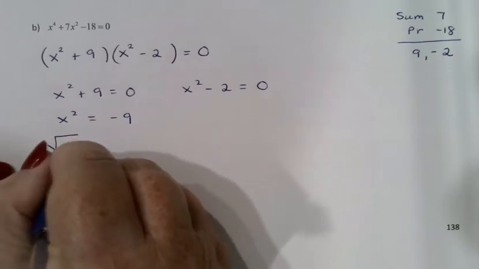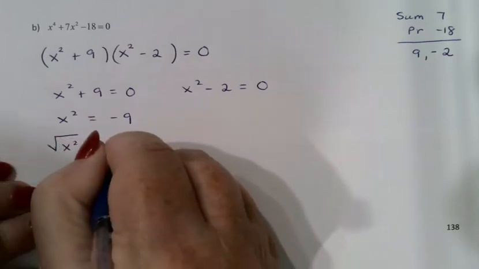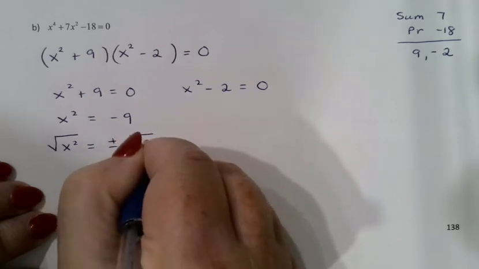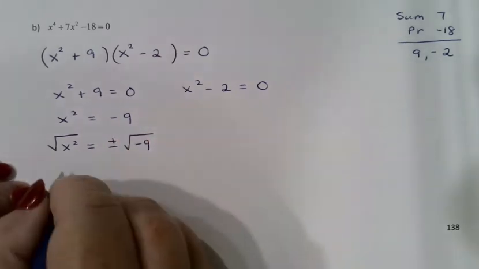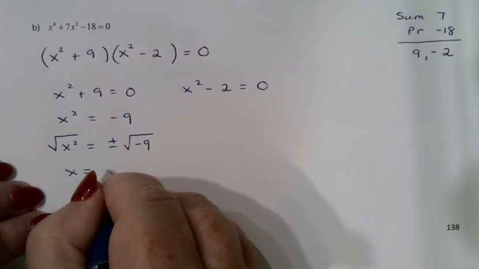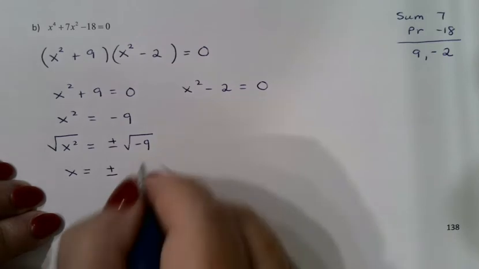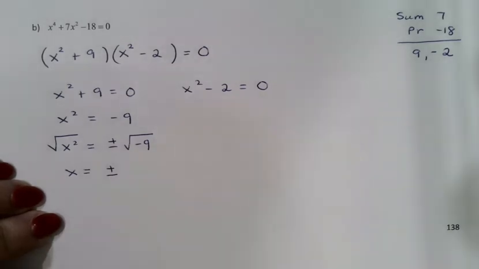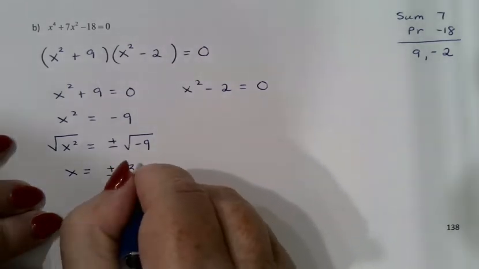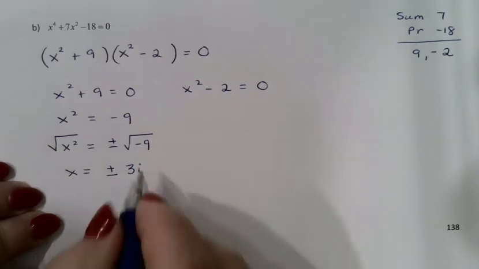And when I take the square root of both sides, remembering that plus or minus, I'll get x equals plus or minus. I know that negative is going to turn into the imaginary unit, and the square root of 9 is 3, so plus or minus 3i.